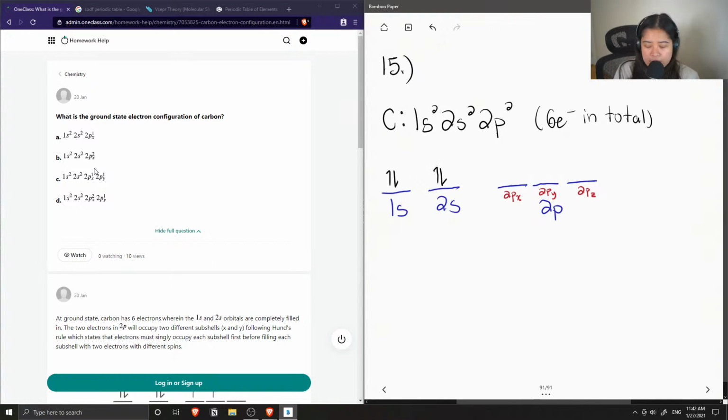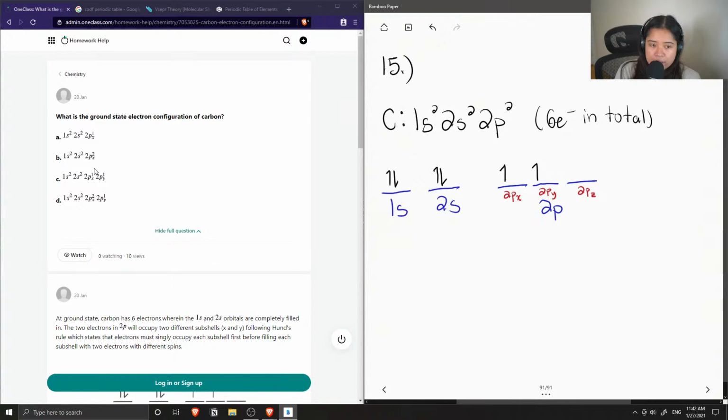Those two electrons have opposite spins. And then finally, when we get to the 2p, we would start off by just filling in the remaining 2 electrons spinning upward before we would pair them, put them in the same orbital.